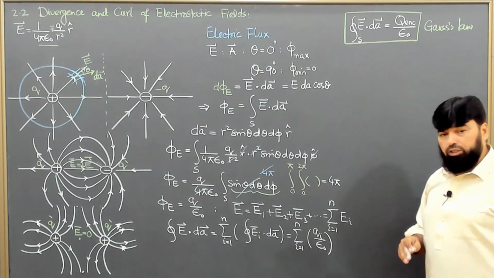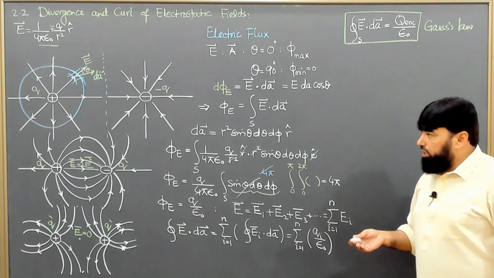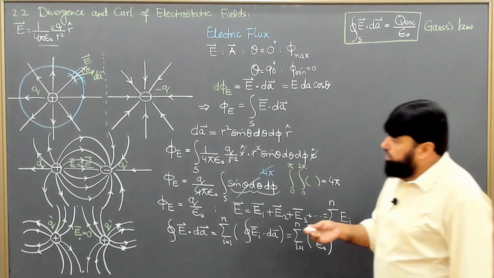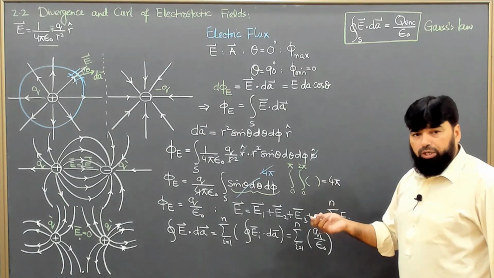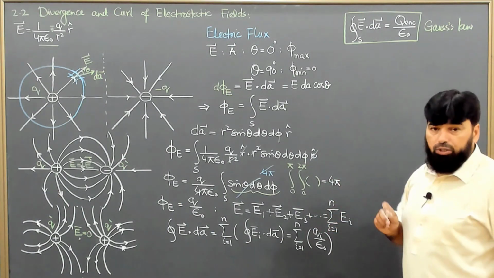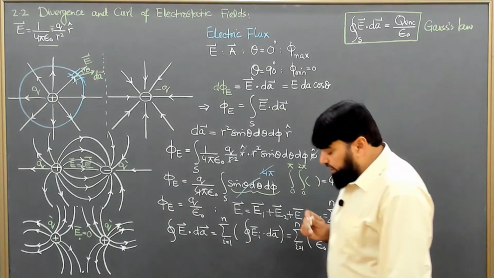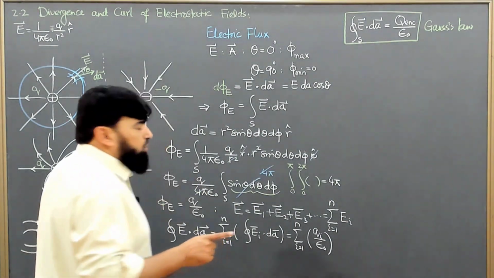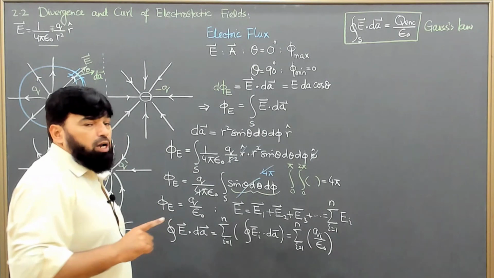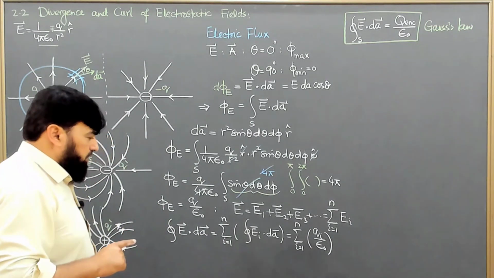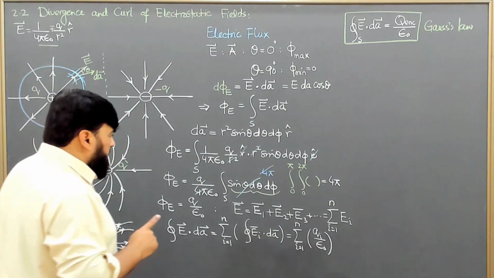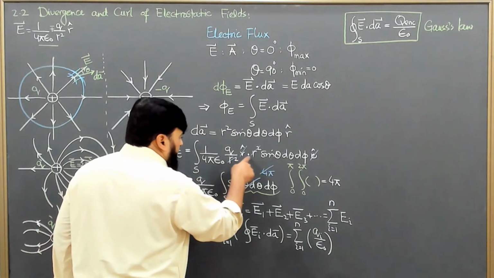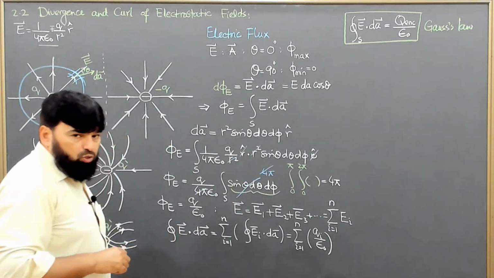Whether you consider a cube around it, the calculation will be different, but the result will be the same. And why do we get rid of this thing? This is due to Coulomb's law, the 1 over R square situation. We see here that R square cancels with R square.